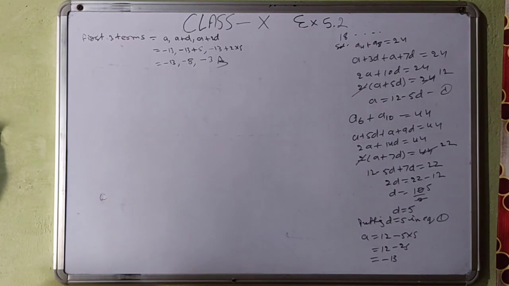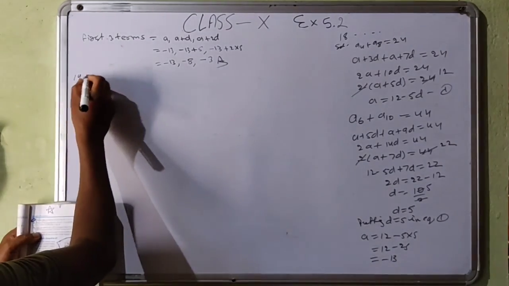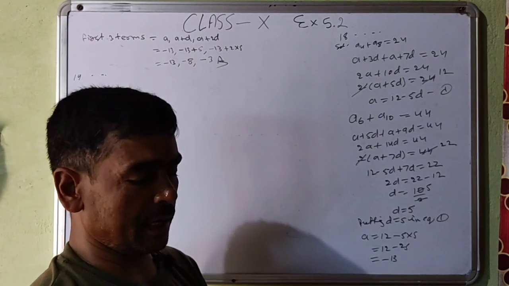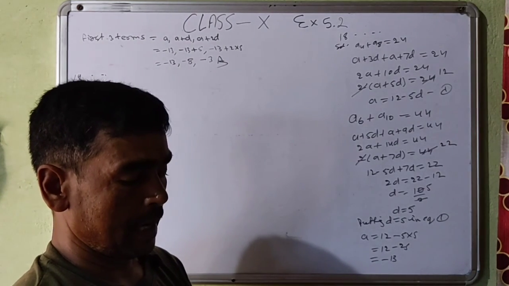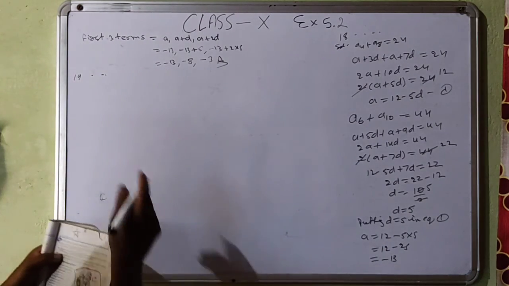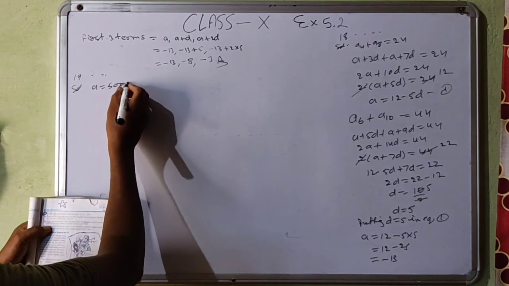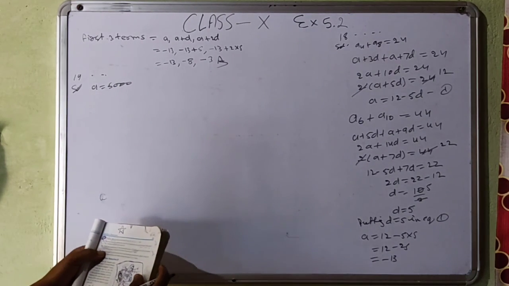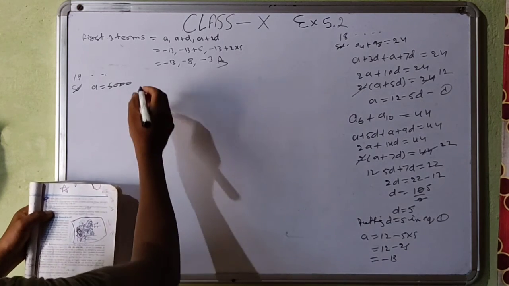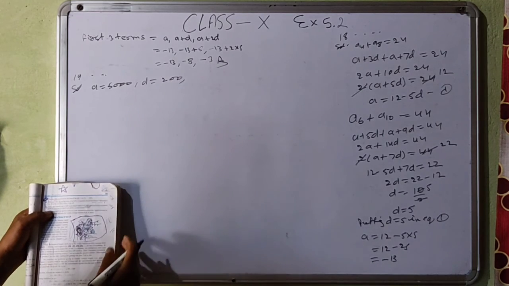And then 19th question. Subbarao started work in 1995 at an annual salary of 5,000. So A is equal to 5,000 and he receives an increment of 200 per year. That means D is equal to 200.